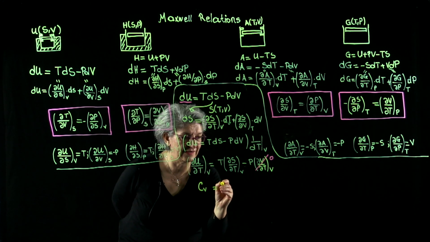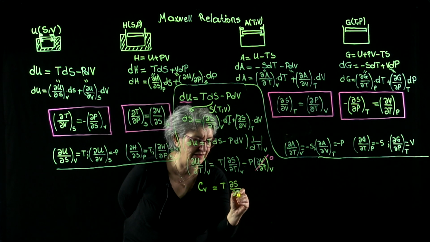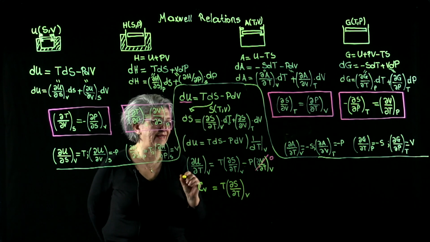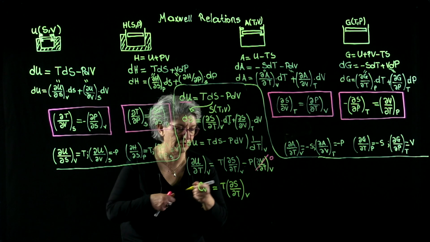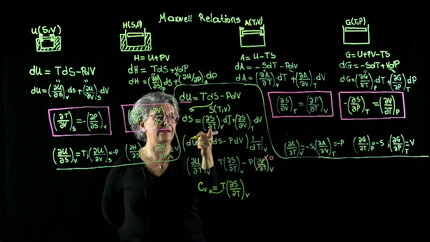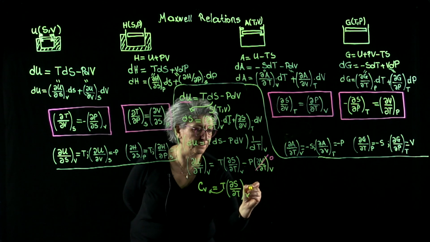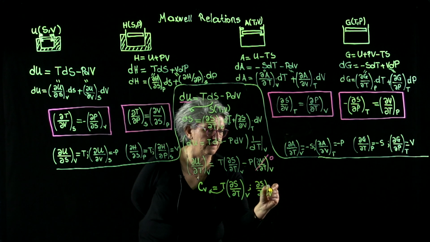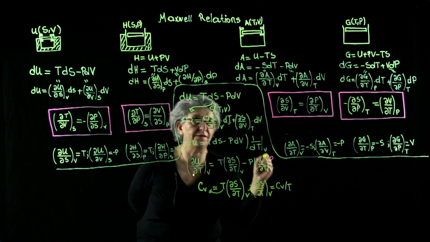This is going to be T del S over del T at constant V, or del S over del T at constant V is equal to, taking this term here, CV over T. I found this one.